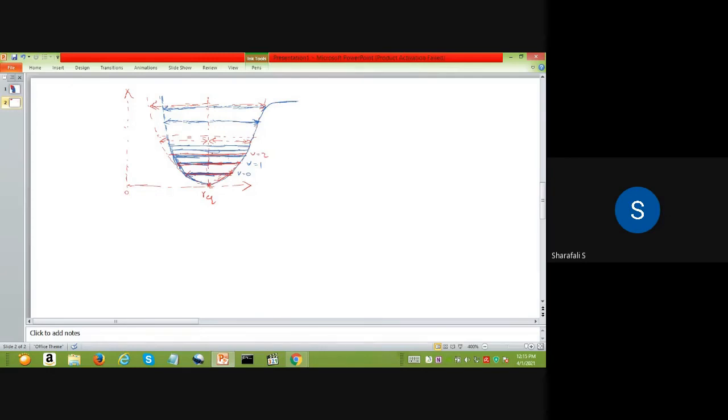This energy gap will be the same. And the fourth one will come somewhere here, so the energy gap from V equal to 2 to V equal to 3, this energy gap will also be the same. So that is constant. But when you are considering the anharmonic oscillator, that is going to decrease in each case when you go to a higher value of V.